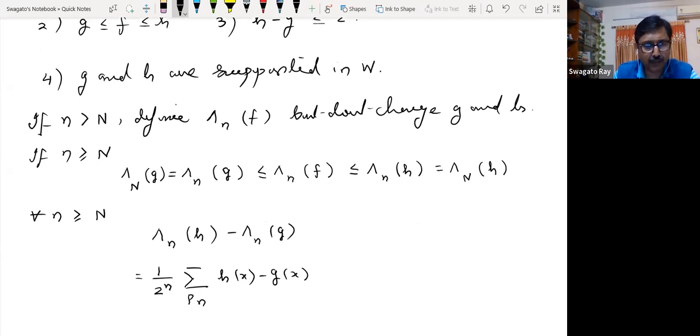So by uniform continuity, as long as I am within intervals of length less than delta, which is going to be the case because this would imply that 1 by 2 to the power n is also strictly less than delta, this quantity is always less than epsilon. So we will see that it actually turns out to be less than or equal to epsilon times the length of the whole interval which you are working with.